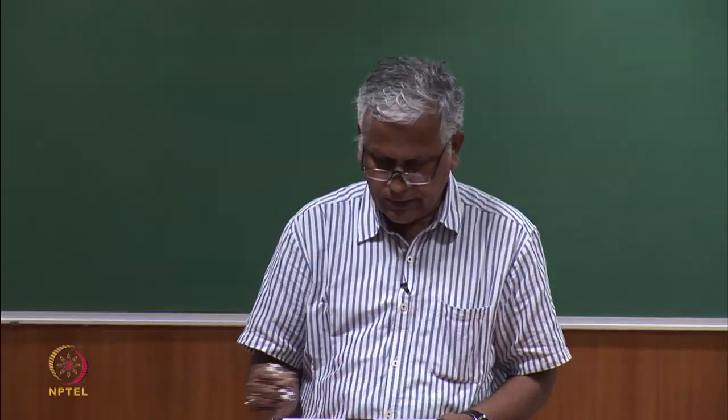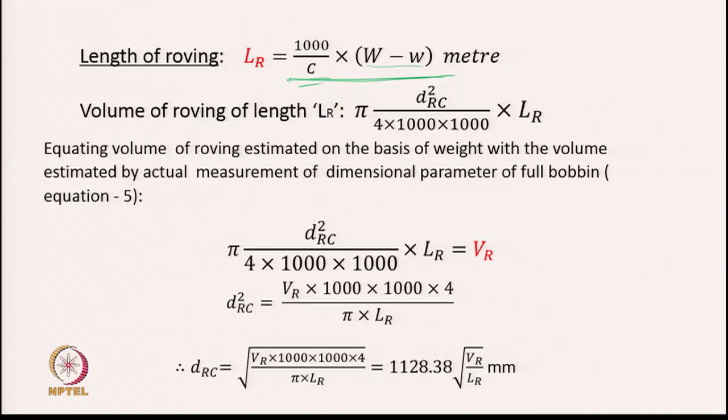Therefore, this expression LR, length of roving, is going to be 1000 by C into capital W minus small w. So, what is the volume of the roving of length LR?